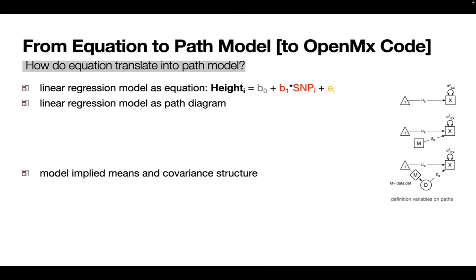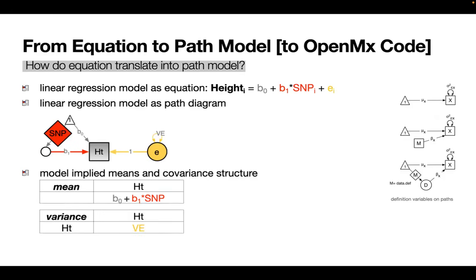This can be done in two ways. The first one is the one that is most directly related to the equation, but requires the use of this definition variable, which is a variable that we can put on a path so that we can multiply our parameter with the value of that definition variable.